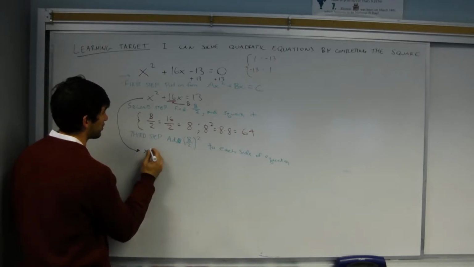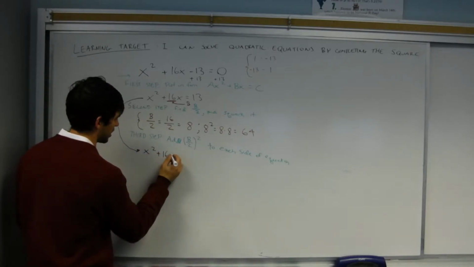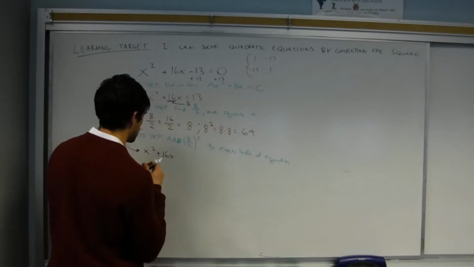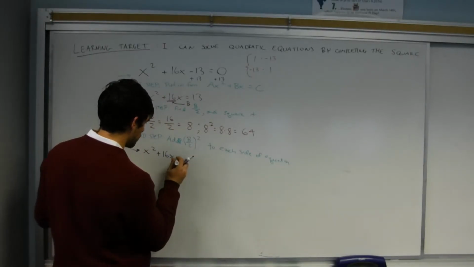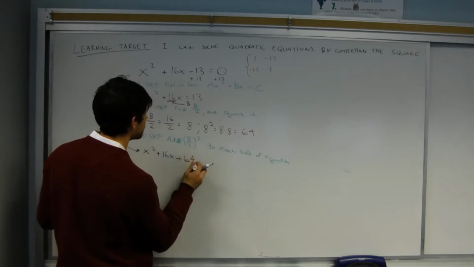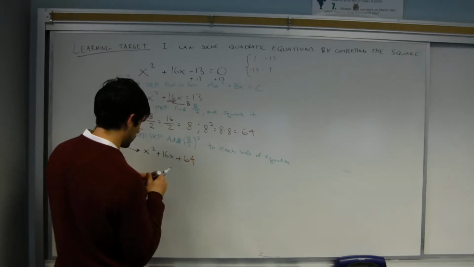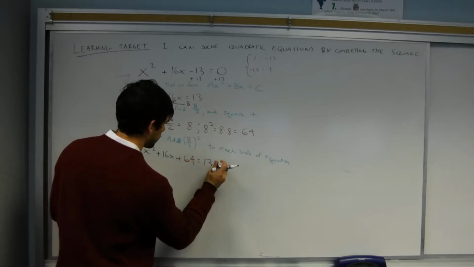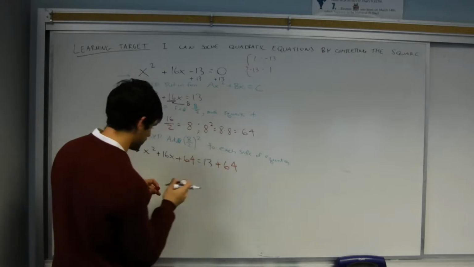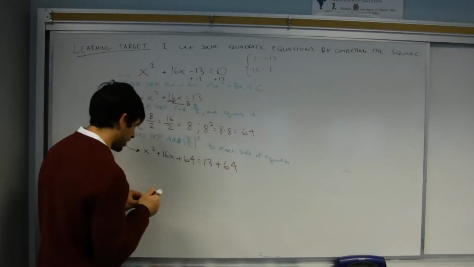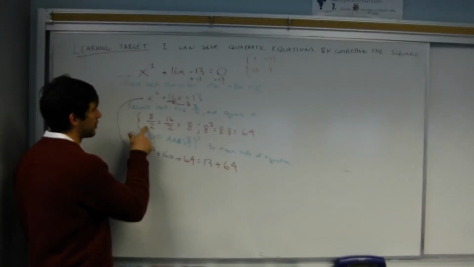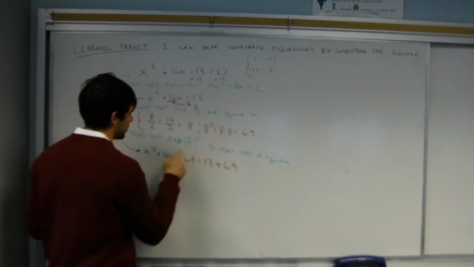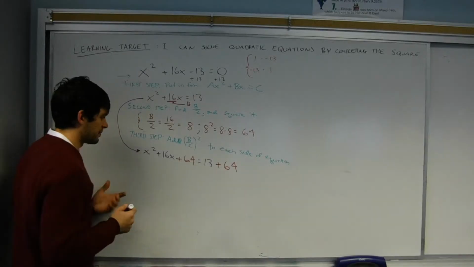We have x squared plus 16x plus 64 is equal to 13 plus 64. To reiterate, we found what b divided by 2 is, which is 8. We squared it, and then we added it to each side.